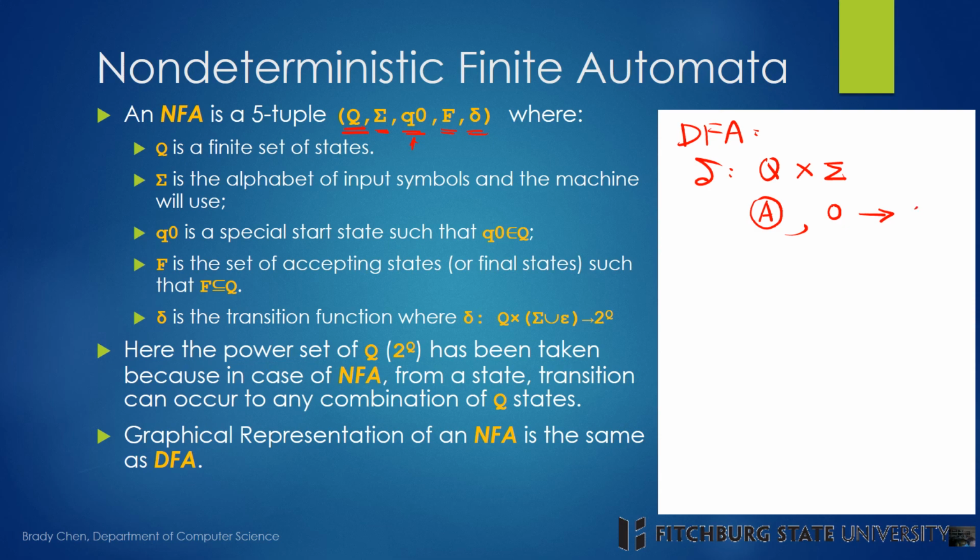Let's say B, or could be A, but not both. Okay, it's uniquely determined. So in general, for any state and any input value, the transition function leads to a next state. So this is all uniquely defined.